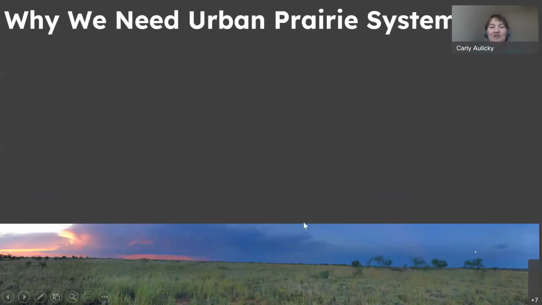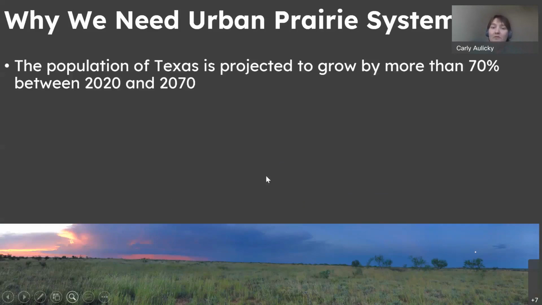But as I mentioned, rural prairies are not the entire story, especially as we are developing increasingly in the state. We need urban prairie systems too. So we need more prairies in developed areas and more conserved prairies in rural areas for a couple of reasons. For urban systems, it's just a reality.